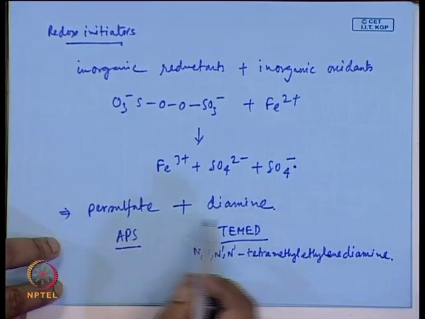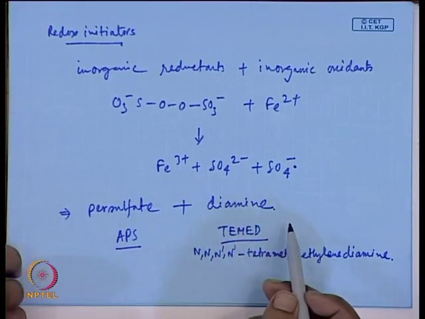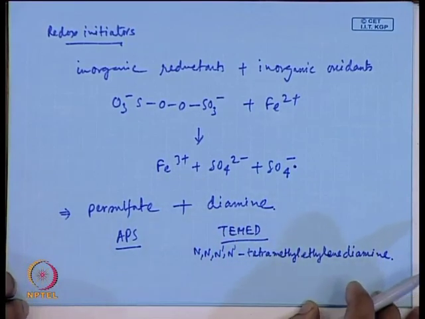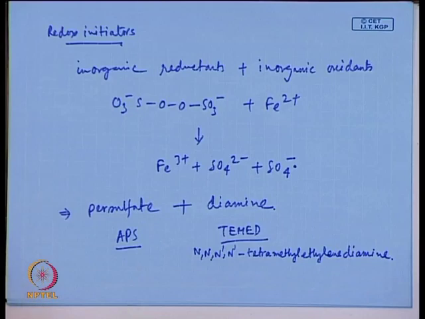So, the combination of persulfate plus diamine gives the radical. Now, we talked about thermal initiator, we now learned about the redox initiator.